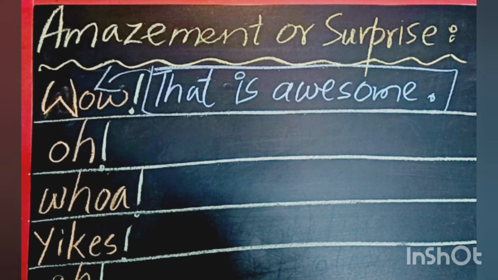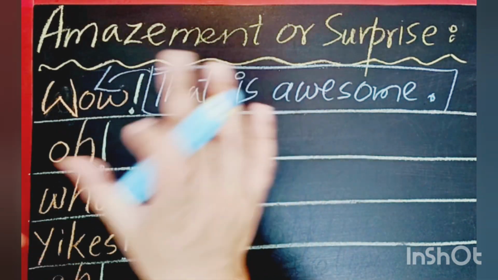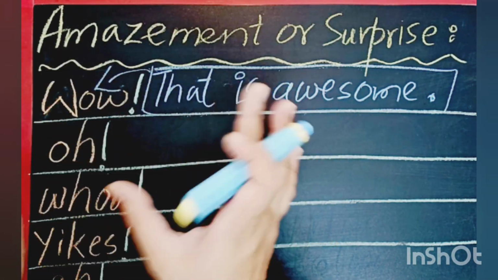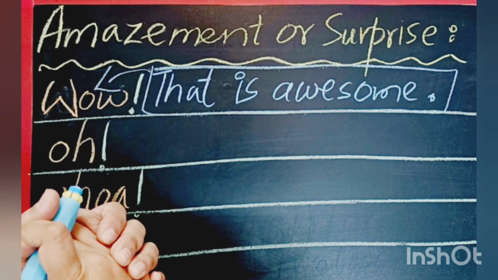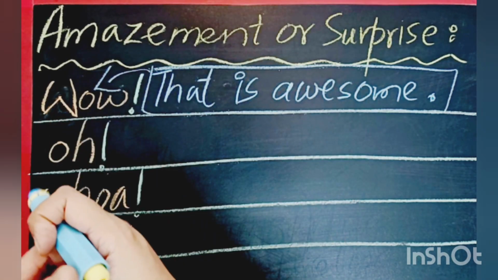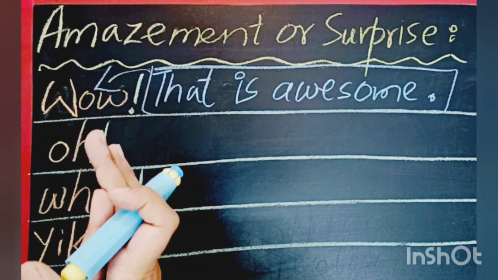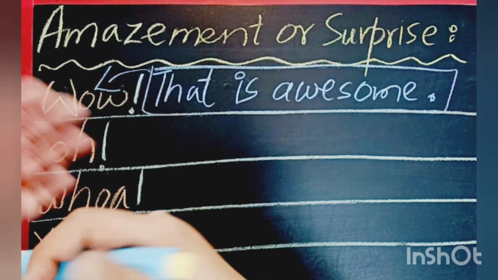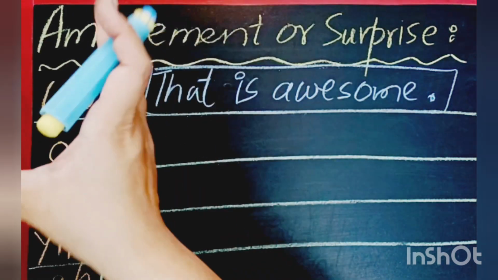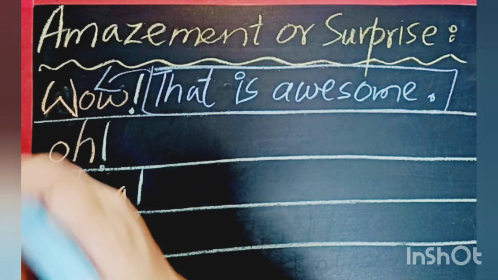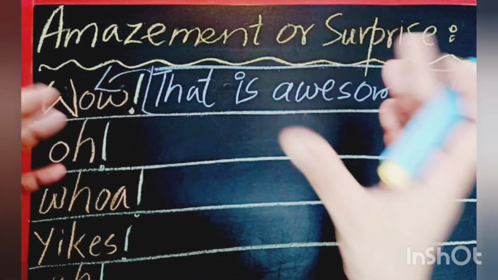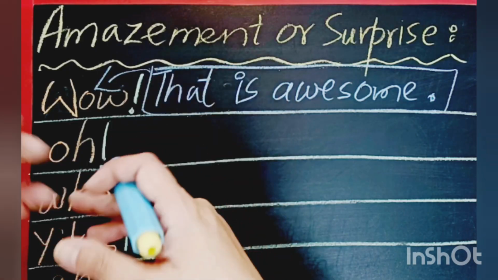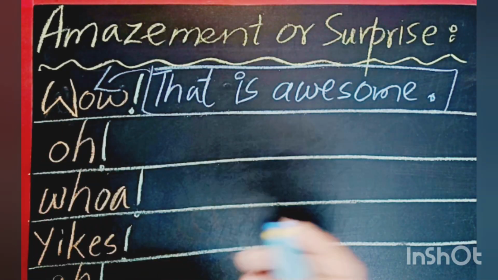The meaning of wow is linked with the following sentence. Okay, wow, that is awesome. We do use these type of words before saying the whole sentence to show our emotions, the sudden and strong emotions towards the situation, which is happening very unexpectedly in front of us.